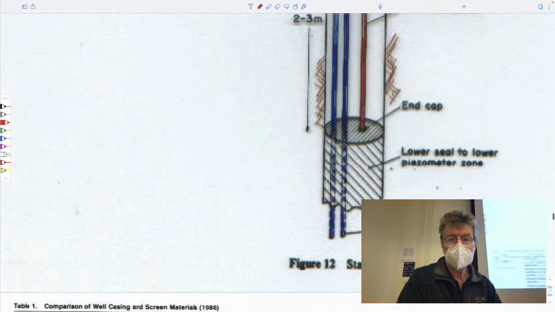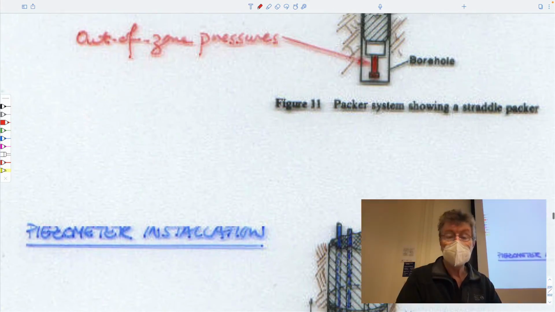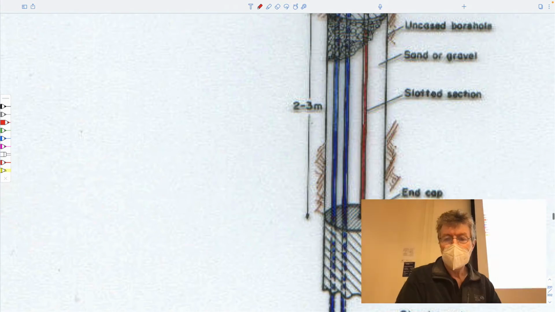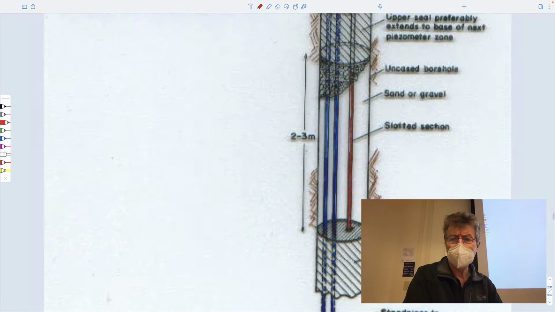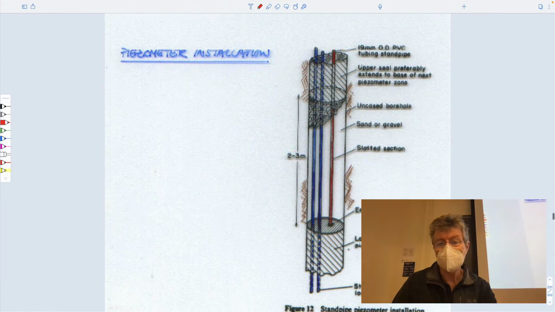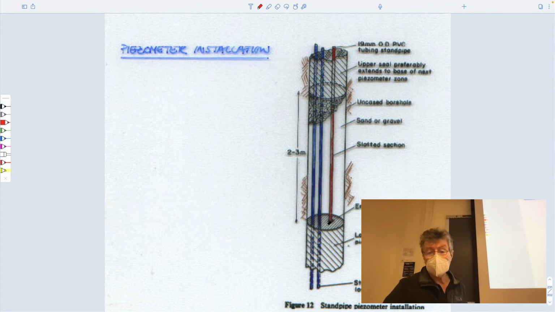So just to cement, no pun intended, just to cement those ideas, standpipe piezometers would be what we just looked at in the borehole log for the Smithfield site. Not necessarily restricted to just one level. You can imagine that you have a very deep borehole and you've come up and you've grouted it up to some level. Then you introduce this pipe.